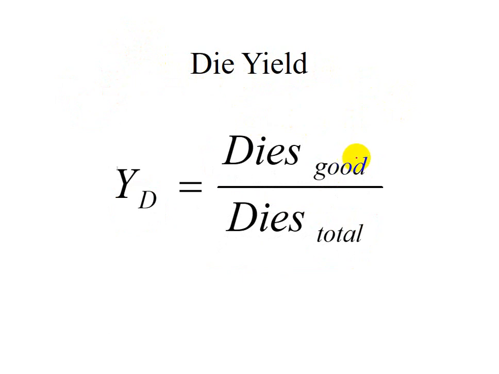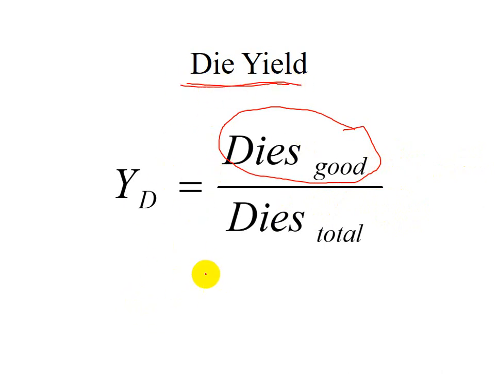The die yield is defined by the ratio between good dies, number of good die per good wafer after finishing all the process steps, to the number of total die on that wafer, and this is called die yield.